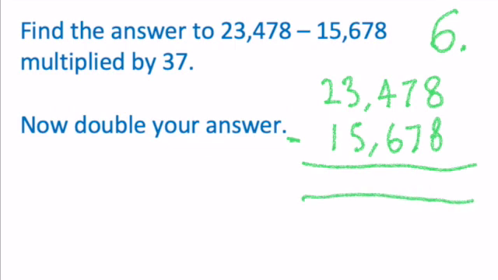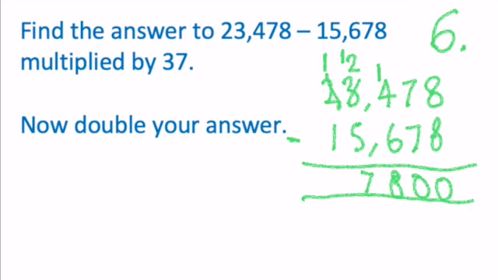Right. 8 subtract 8 is 0. 7 subtract 7 is 0. 4 subtract 6 I can't do, so I'm going next door. 14 subtract 6 is 8. 2 subtract 5 I can't do, so I'm going next door. 12 subtract 5 is 7, and 1 subtract 1 is 0. So the answer to that is 7,800.